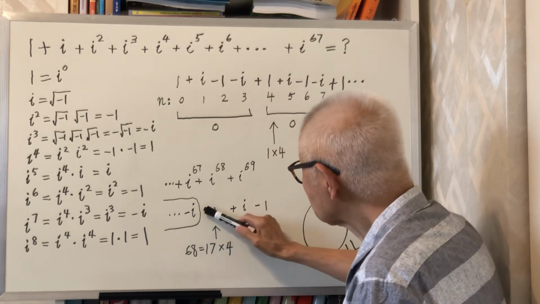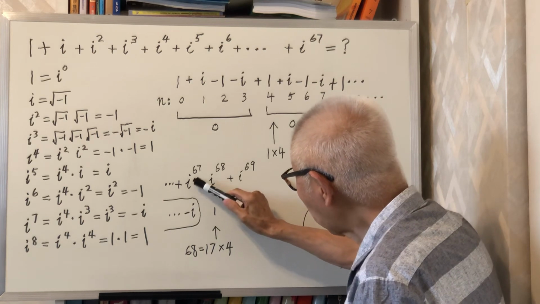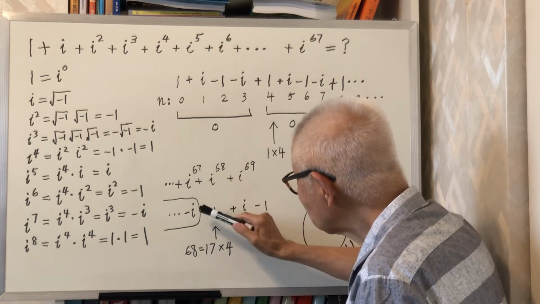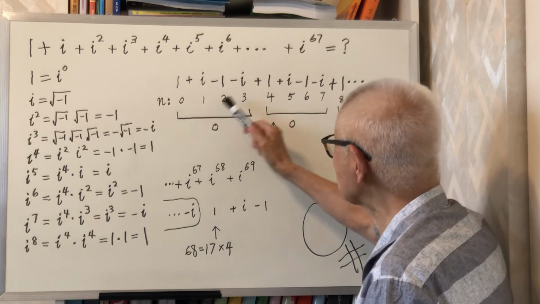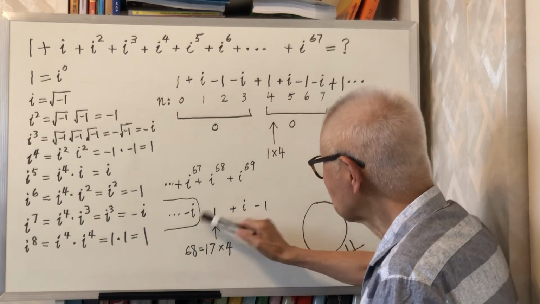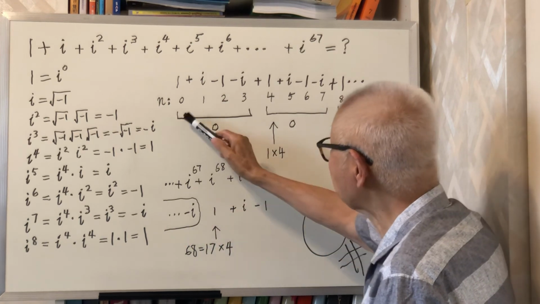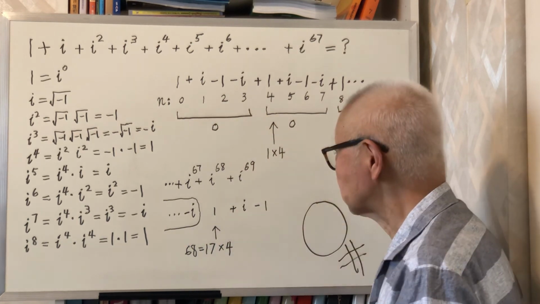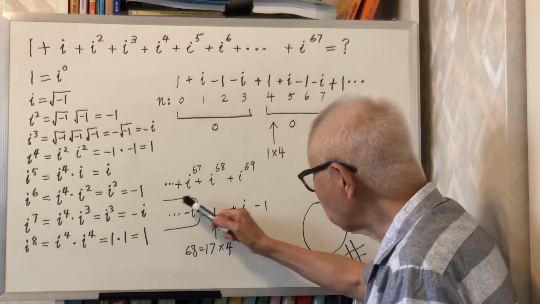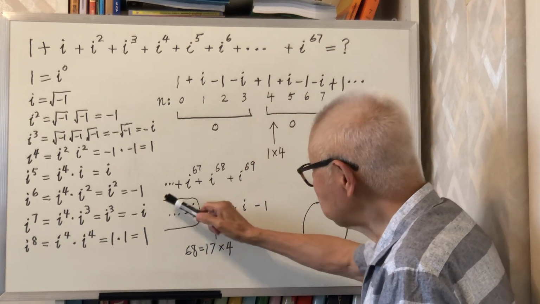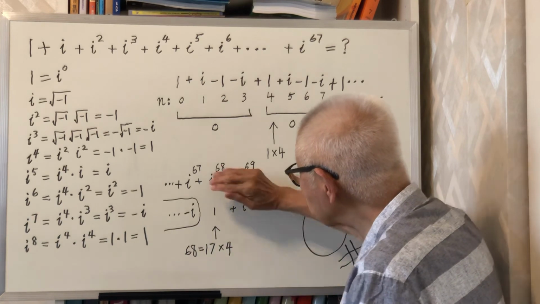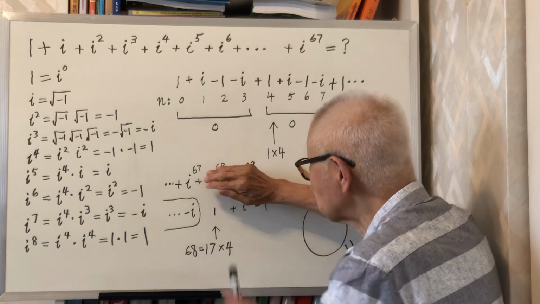So this i to the power 67 is the end of the 4-number pattern. You see, negative i. So it's the end of the 4 as a group. But we know these 4 as a group, the sum is 0. So up to here, everything is 0.